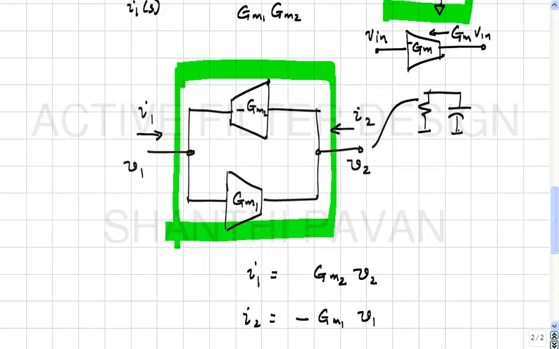Okay. Similarly, if I put a resistor and inductor in series at port 2, it will look like a capacitor and resistor in parallel. Does it make sense? Okay.